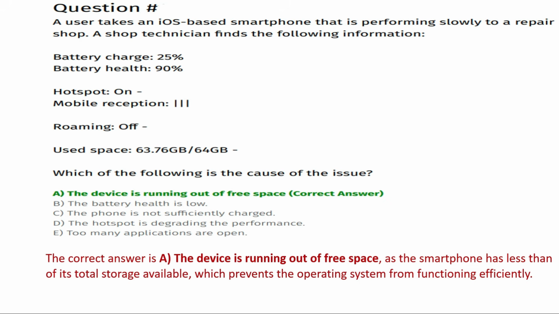Option A, the device is running out of free space. Option B, the battery health is low. Option C, the phone has insufficient charge. Option D, the hotspot is degrading the performance. Option E, too many applications are open. And the correct answer for this question is the device is running out of free space. So let's check the explanation.